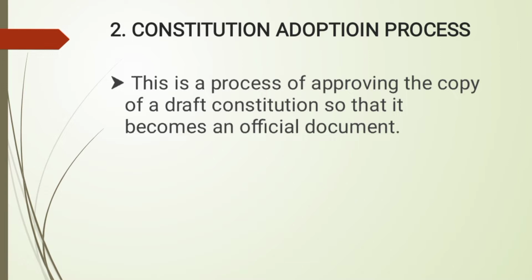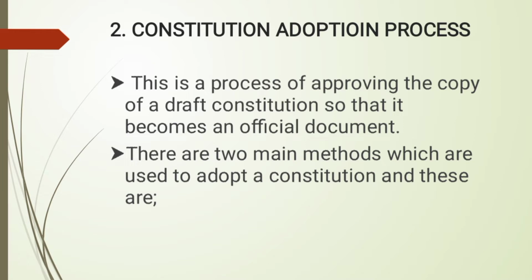So that group of people known as the Constitutional Review Commission will collect views from citizens through sittings conducted countrywide. And from those views, they'll come up with a draft constitution. Now, for that draft constitution to become the national constitution, it needs to undergo a process known as the constitution adoption process. So we are approving it now so that it becomes an official document.